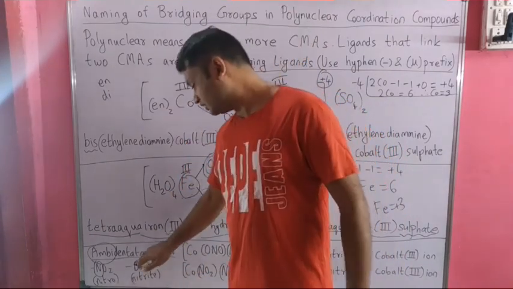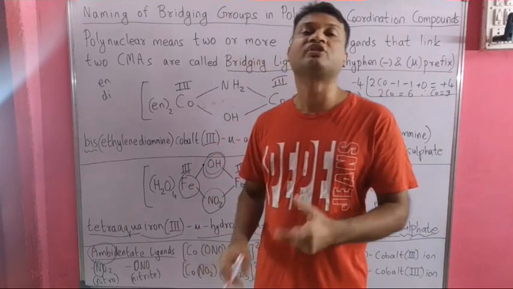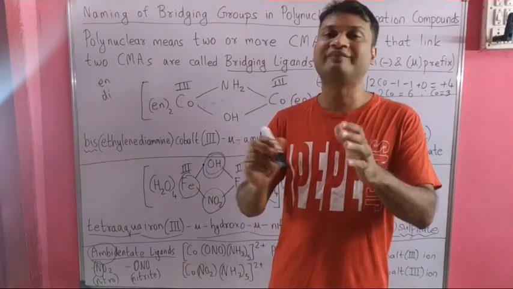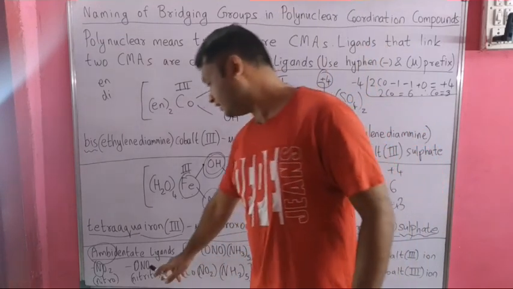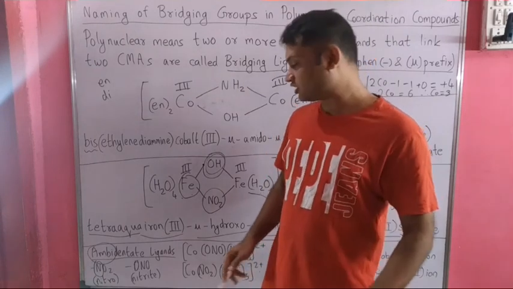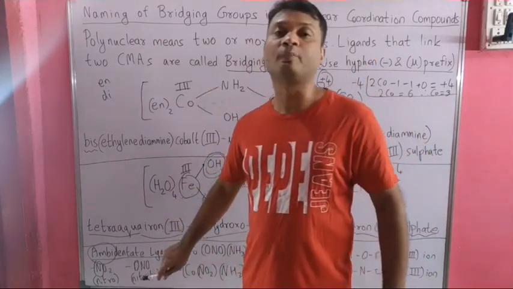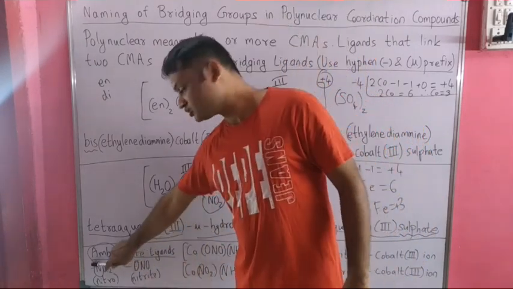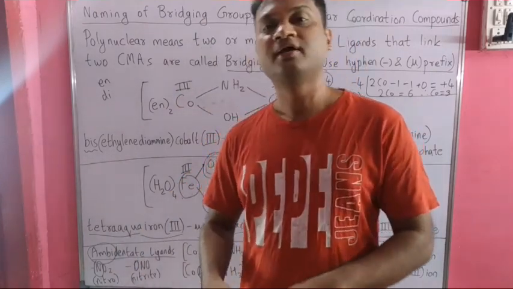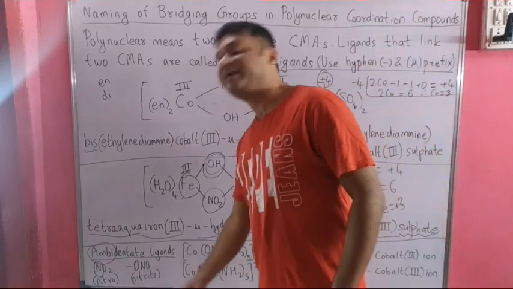And if oxygen is the atom donating the lone pair to form a coordinate bond with the central metal atom, then it is ONO. This is an ambidentate ligand, because we have the same formula NO2, but in one case nitrogen is the donor of the lone pair, and in another case oxygen is the donor. So these are two ambidentate ligands.